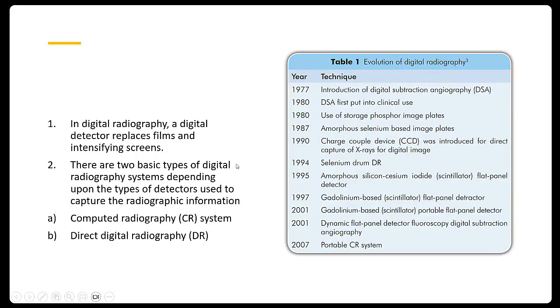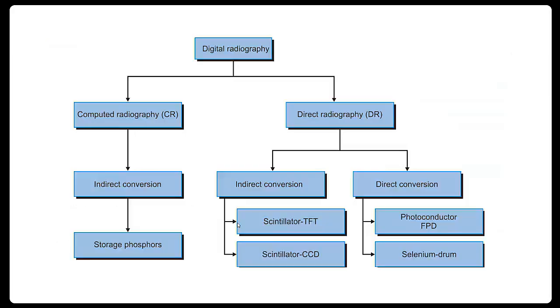Now coming back, we were discussing how we divided digital radiography into two types: computed radiography, that is CR systems, and direct digital radiography, that is DR. Computed radiography systems use a storage phosphor image plate, that is a PSP plate.